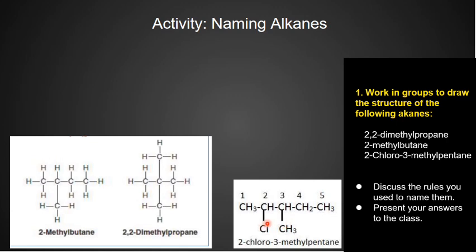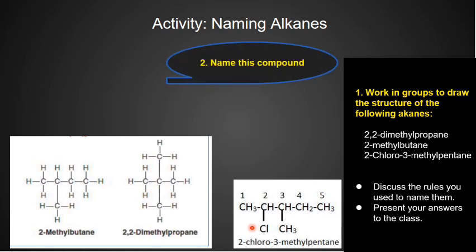If chlorine is at position 3 and methyl is at position 2, then I will have to name it 3-chloro-2-methylpentane, because alphabetically chlorine comes first. So I have to name chlorine first. So that's what we are talking about as regards when alphabetical order comes in.